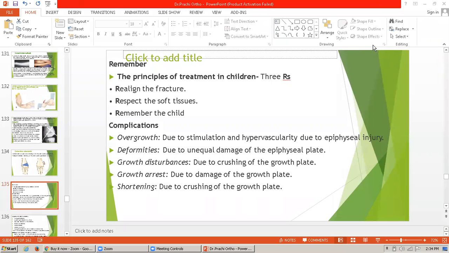The principles of treatment are reduction of fracture, respect of the soft tissue, and remember the children. So complications are overgrowth. There is sometimes overgrowth.